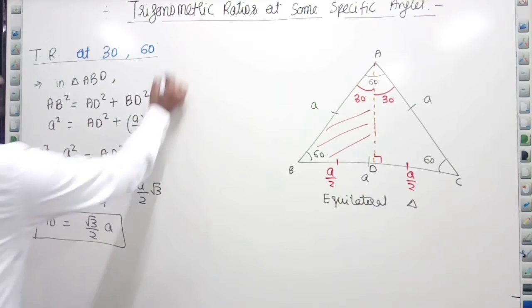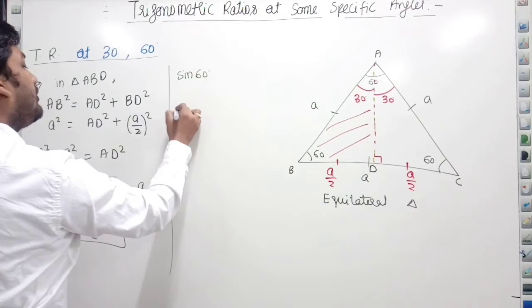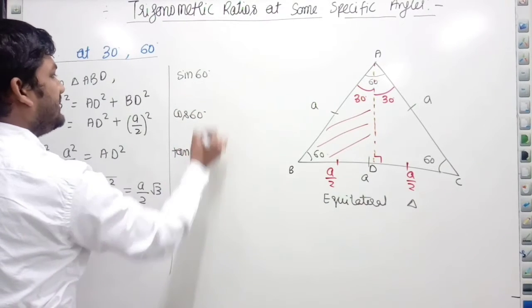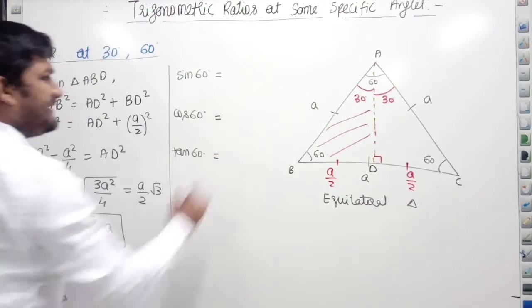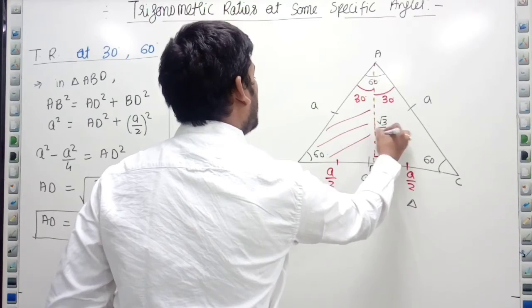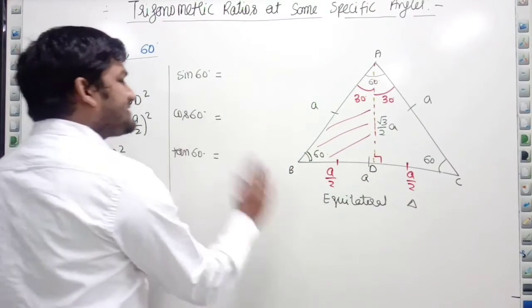Now I am calculating sin 60, cos 60 and tan 60, and cosec, sec, cot will be reciprocals. As I know this side is √3/2 a, and I am taking this angle as our angle. So what is sine?